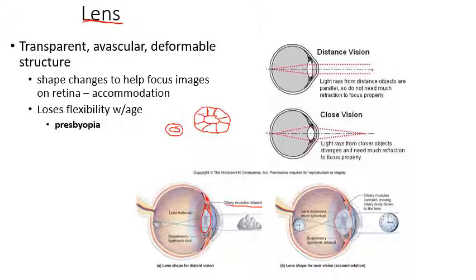When the ciliary muscle contracts, now we're in this shape. Now there is less pull by the suspensory ligaments because the muscle is moving closer to the lens when it contracts, and the lens that is elastic comes back into this kind of gumball shape, I like to call it.